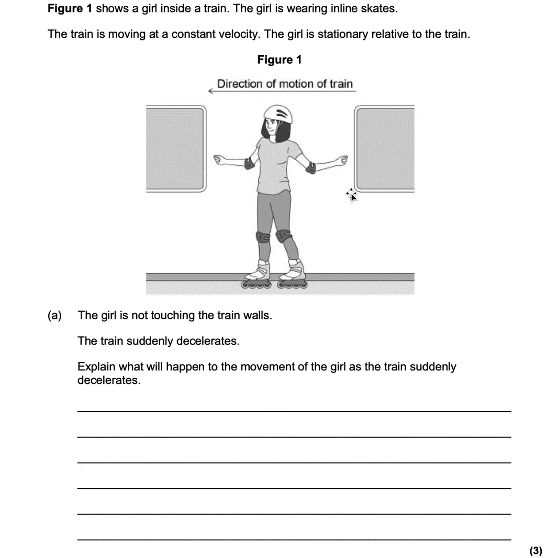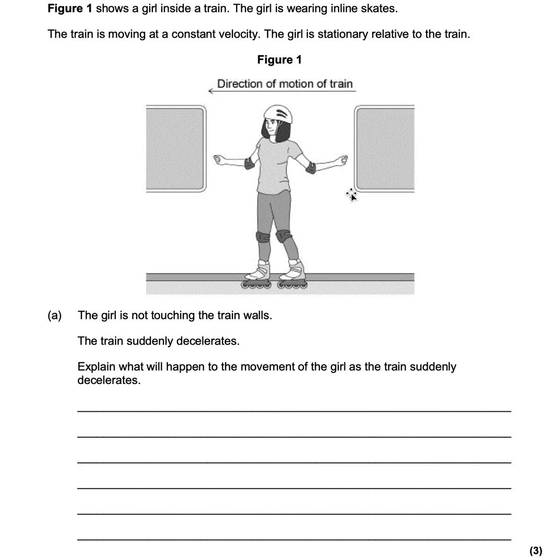So that means the train suddenly decelerates, okay, because there's a force from the brakes of the train, but that force won't act on the girl. So we know this is Newton's first law, and you have to mention it, that things keep moving at the same speed in the same direction unless a force acts on them.